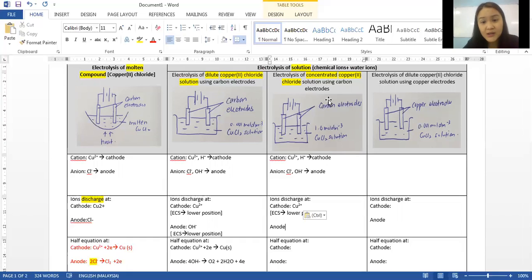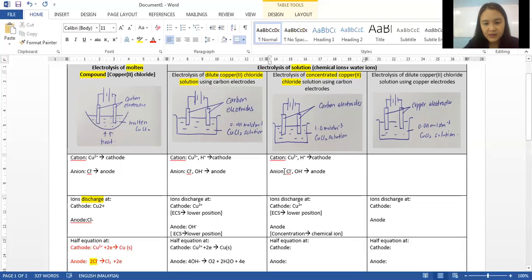Now, how about the second one, concentration? I focus on my solution and ask myself, is it concentrated? And the answer is yes, because the word concentrated means already concentrated, or you can see from the figure, it's above 0.5, so it's already concentrated. Which means in this particular case, my choice at the anode is based on concentration. According to this factor, I'm supposed to choose the chemical ion instead of the water ion.